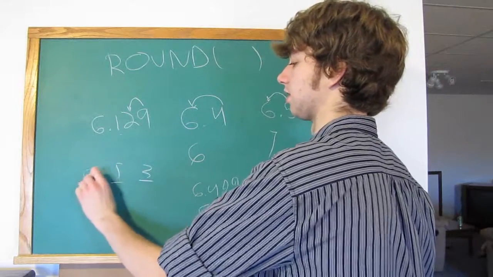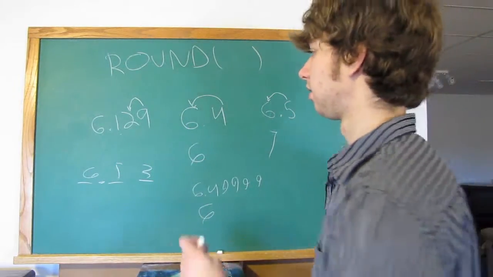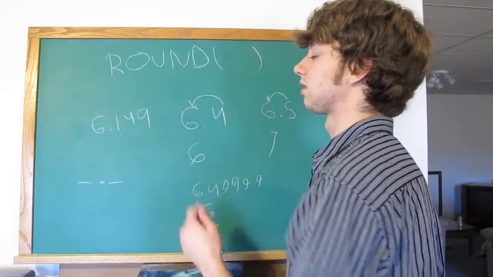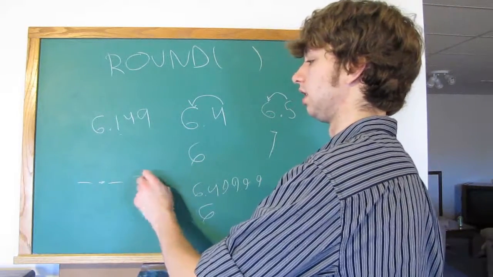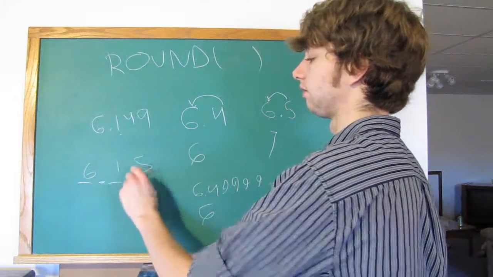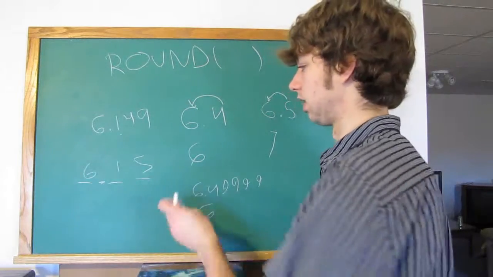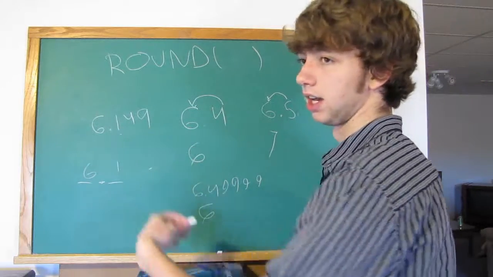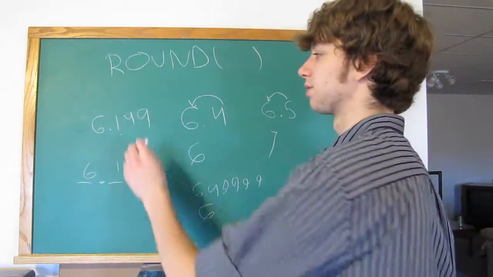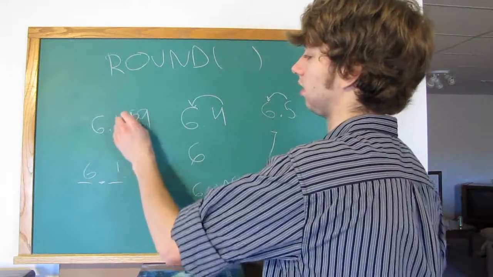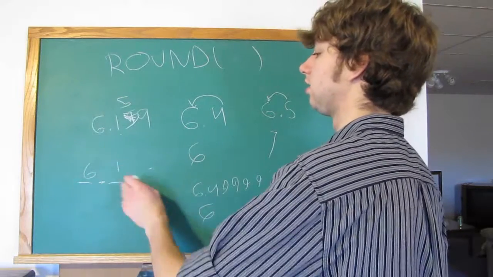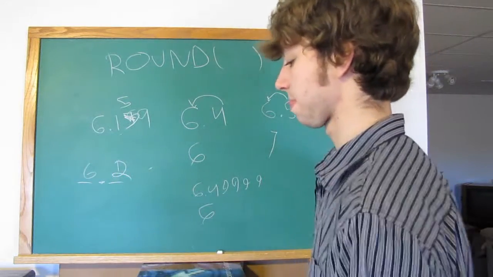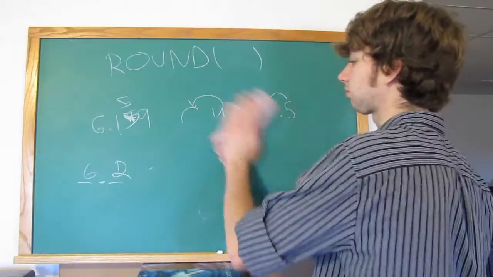This is still a 1, and that's a 6. So that's how that works. If we were rounding this number to 2 decimal places, the result would be 6.13. If we were rounding it to 1 decimal place, the result would be 6.1 because this is not 5 or more to round it up. If this was a 5, then this would be a 2. So that's what ROUND does.